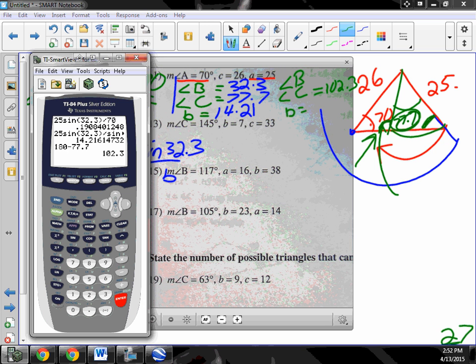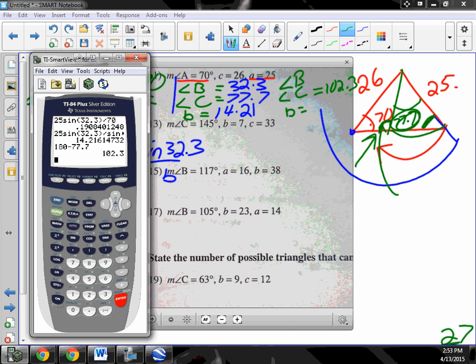How do I figure out the second triangle, which is called the ambiguous triangle? In the ambiguous case, the angle you calculate for the second triangle is actually the supplement of the angle you're looking for. Okay?